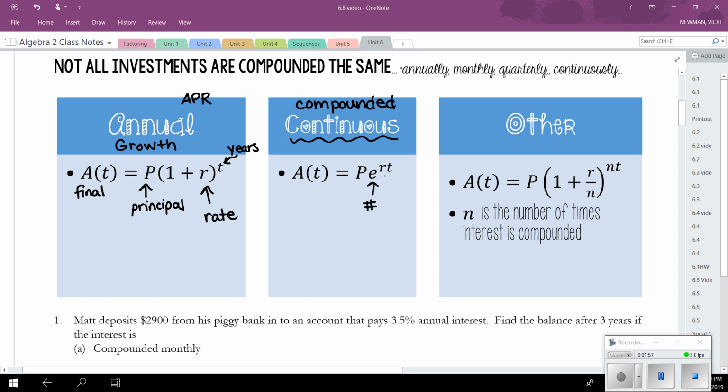R is still the rate as a decimal. We should write decimal here. T is still time. And P is still the principal or the start. So all the things are the same.